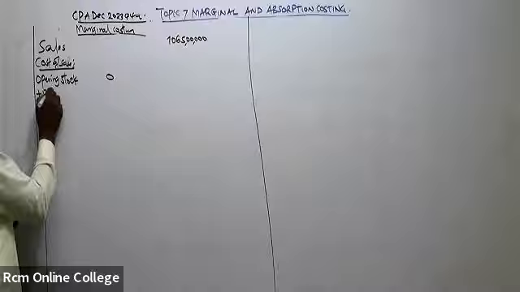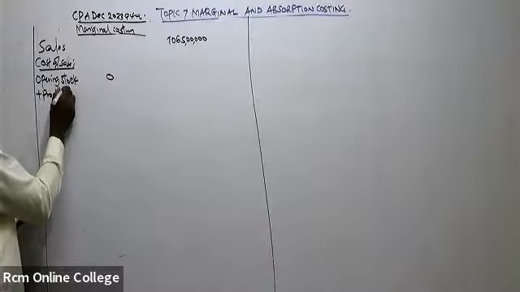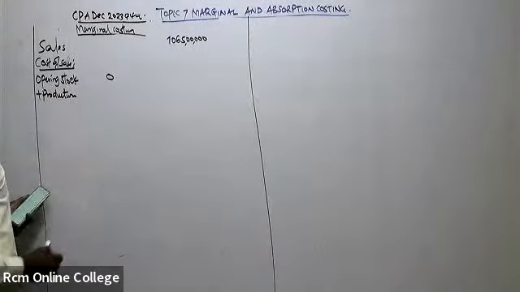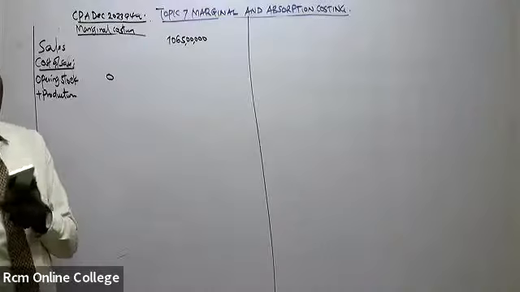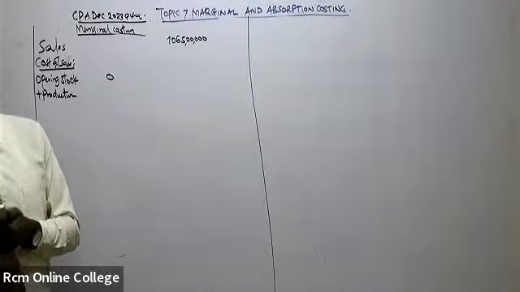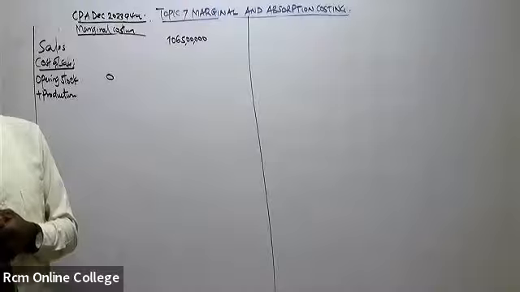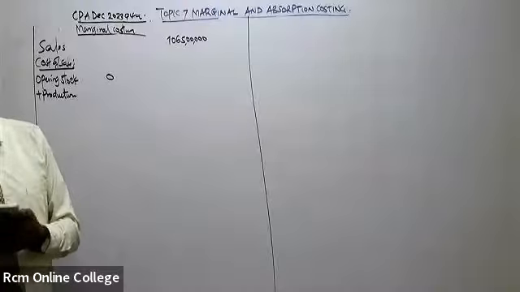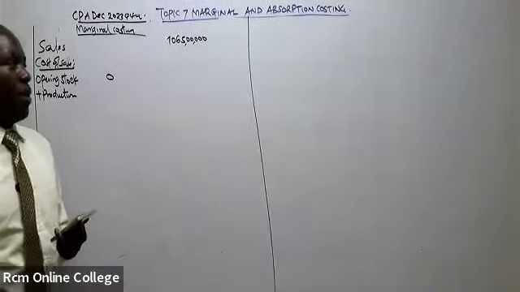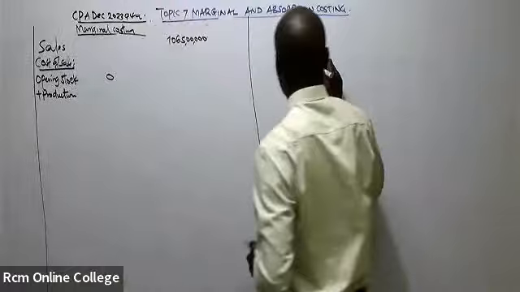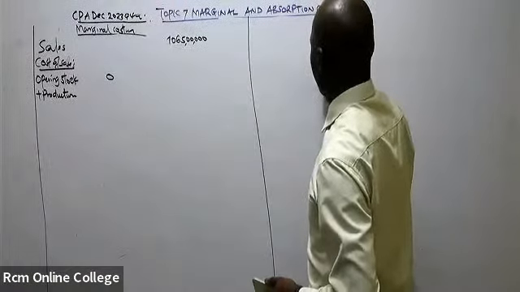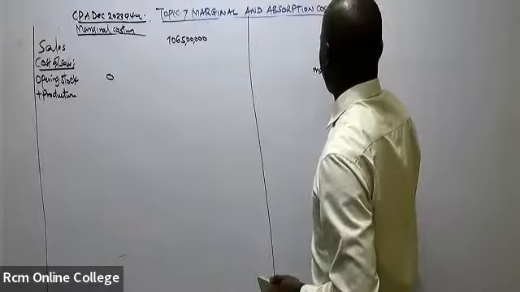So under production, how many units were produced? Actual production, additional information number 2: 24,000. What is the production cost per unit?